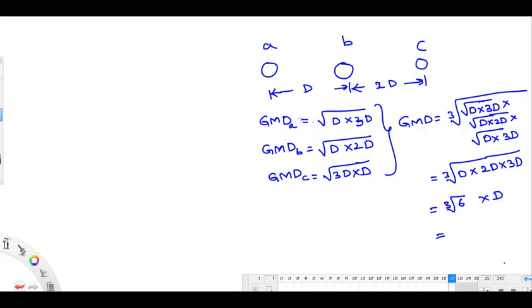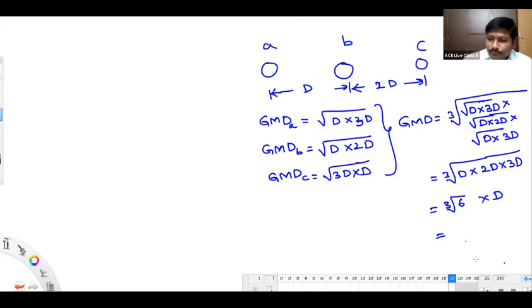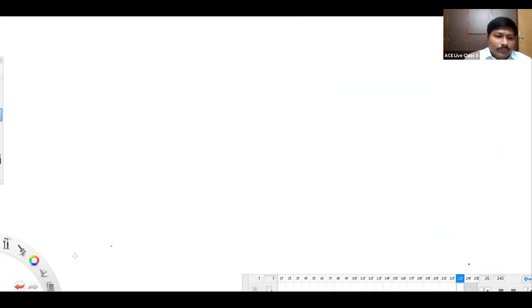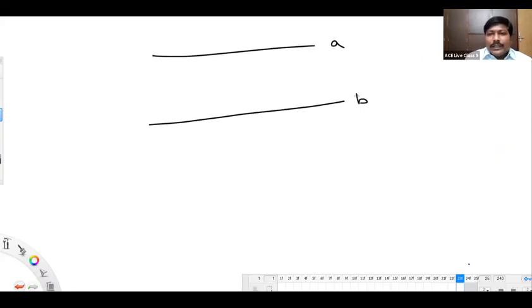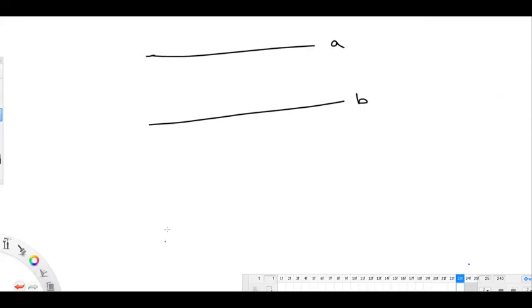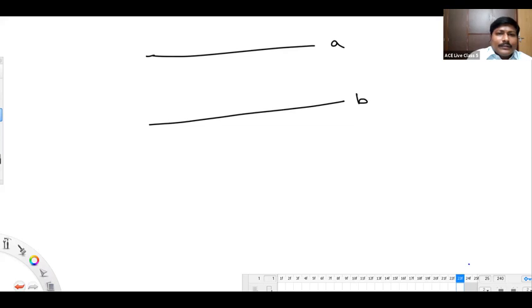See, if you have two conductors here, this is conductor A operating at a certain voltage, and this is conductor B operating at some other voltage. Say this is operating at some voltage VA, and this is at VB.